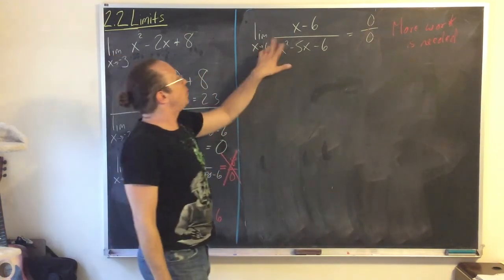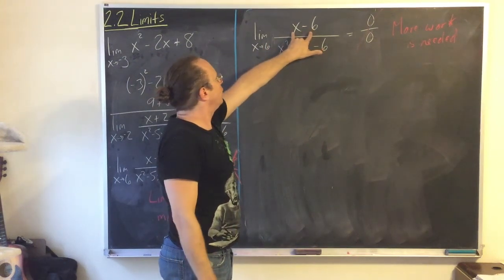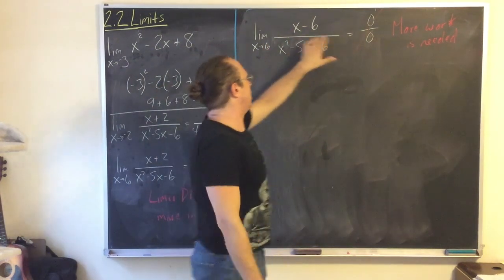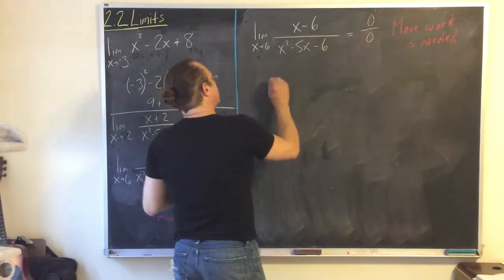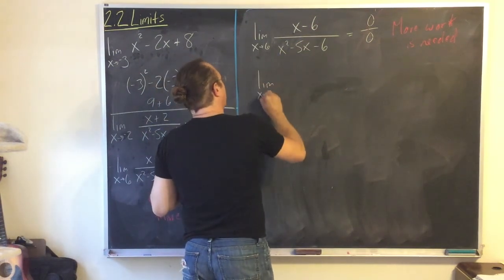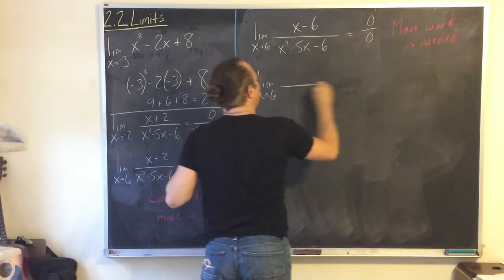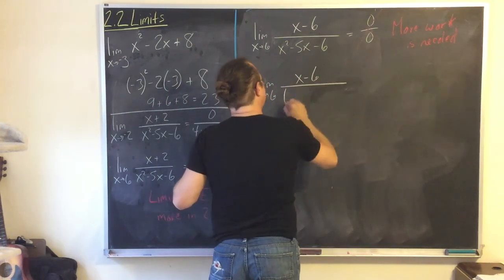When you plug 6 in the top, you get 0 because you plug 6 into x minus 6. Well, what that means is that the bottom must also have a factor of x minus 6.